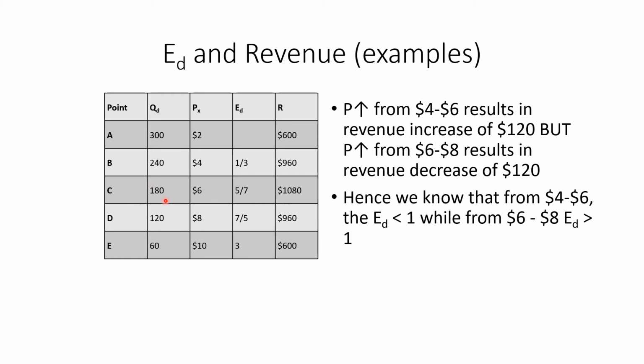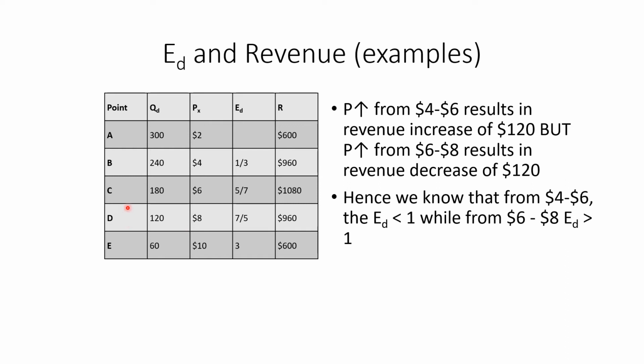In fact, it's 5/7. Whereas if you move from $6 to $8, we see that the elasticity is greater than 1, and the price increase leads to a revenue decrease. Between $4 and $6, the price increase leads to a revenue increase. So it's less than 1, 5/7, as opposed to 7/5.